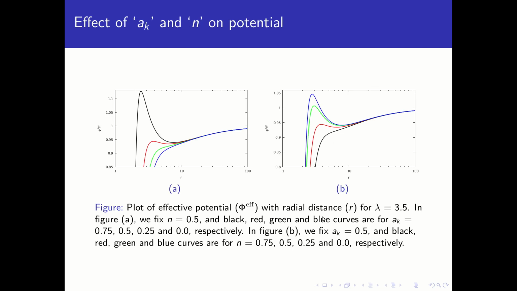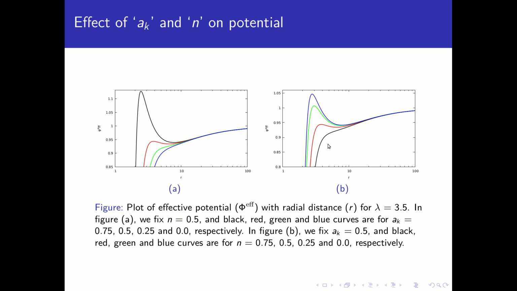In this figure, we plotted the effective potential with respect to the radial coordinate. In the first figure, we fix the NUT parameter and change the Kerr parameter. The black one represents the Kerr parameter of 0.75, and as we decrease the Kerr parameter, it behaves like that. But in figure B, we fix the Kerr parameter at 0.5 and change the NUT parameter.